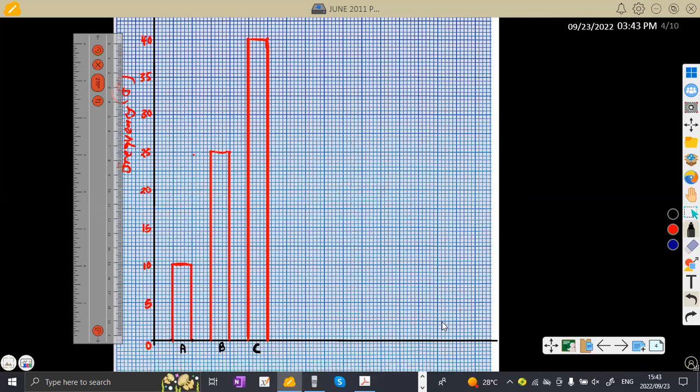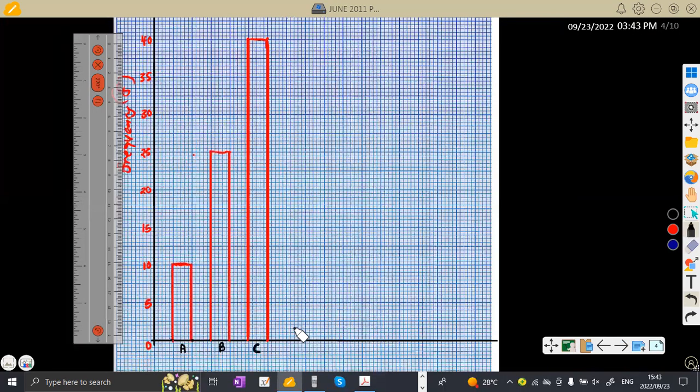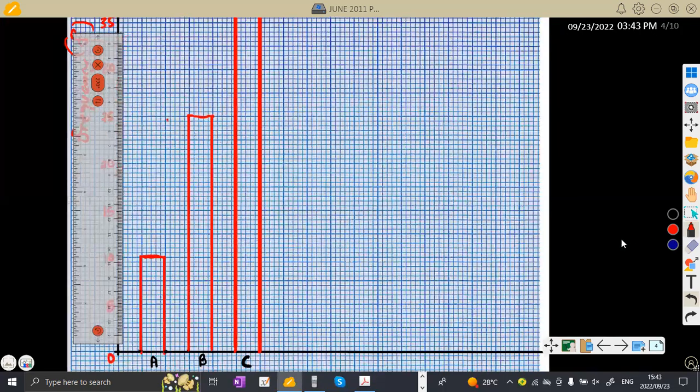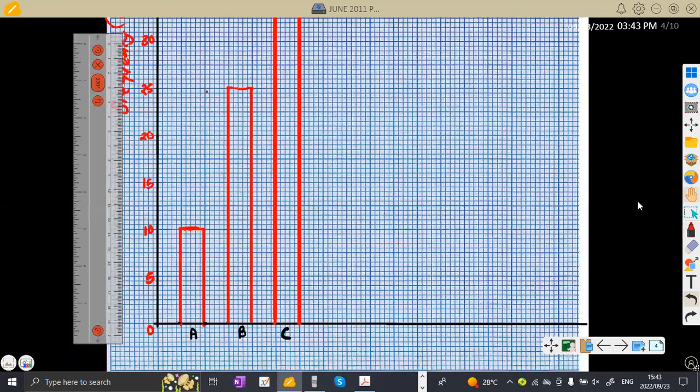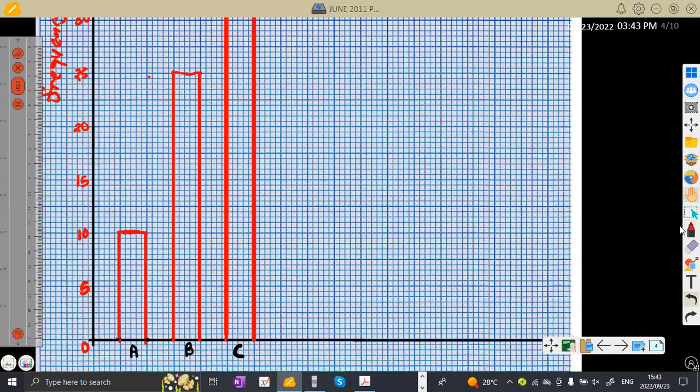Remember, grade D, that was 24. Let's cross check, guys. That was 24. So you move on to grade D, which is 24. So you maintain again, half box again. So here you can just do it like this. So we want to know exactly where our 24 is located. Remember, according to scale, this is 2 centimeters to represent 5.